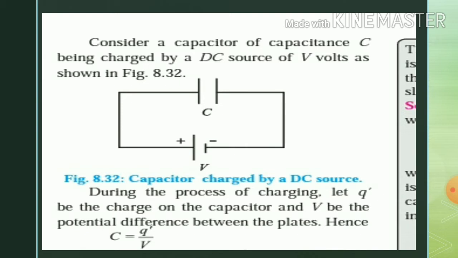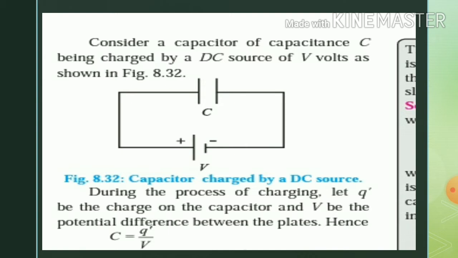The positive terminal of the source is connected to the first plate of the capacitor, and the negative terminal is connected to the second plate, as shown in figure 8.32.